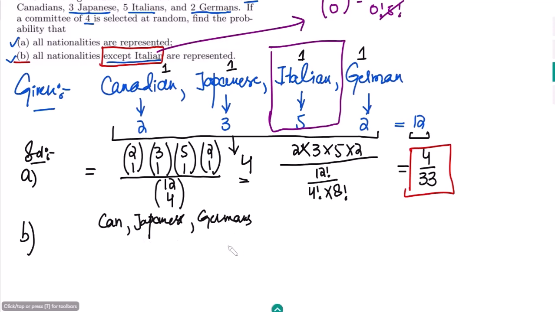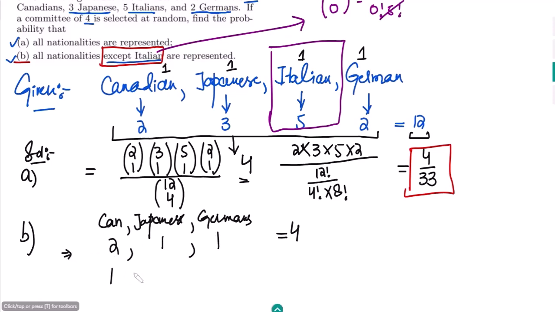We have to select them in such a way that the total number of members is 4. In how many ways can we do it? It can be 2, 1, 1: 2 Canadian, 1 Japanese, 1 German. This is one combination.